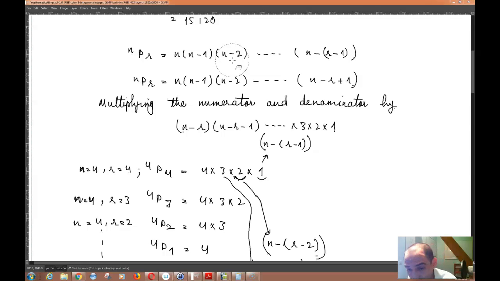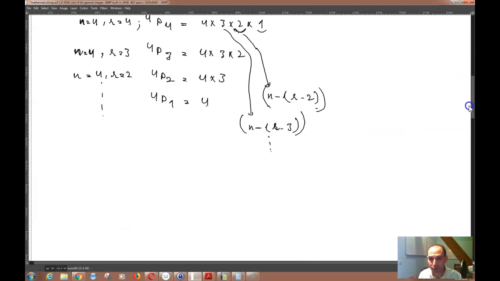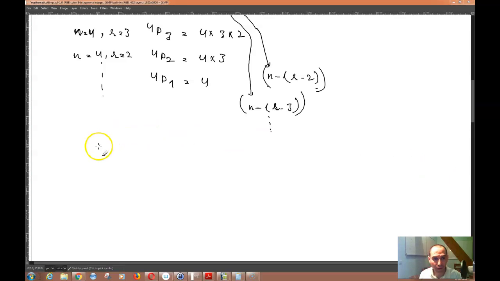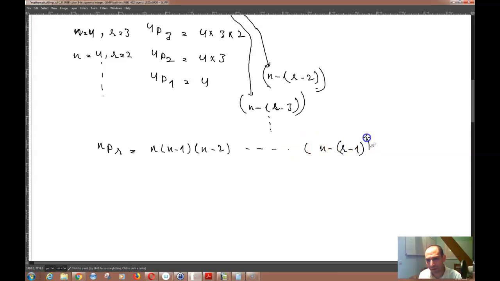So how I can do that is that, of course, I know that n permutation r is equal to n times n minus 1 times n minus 2 times all the way up to n minus r minus 1, right?